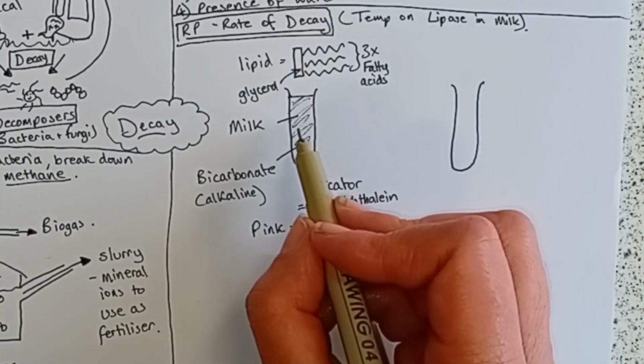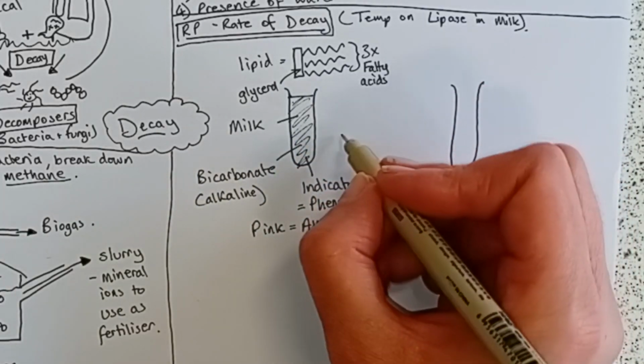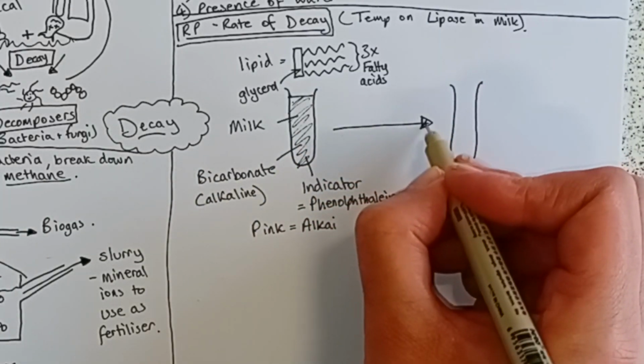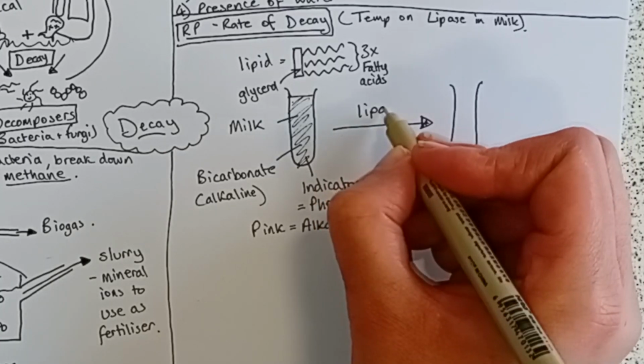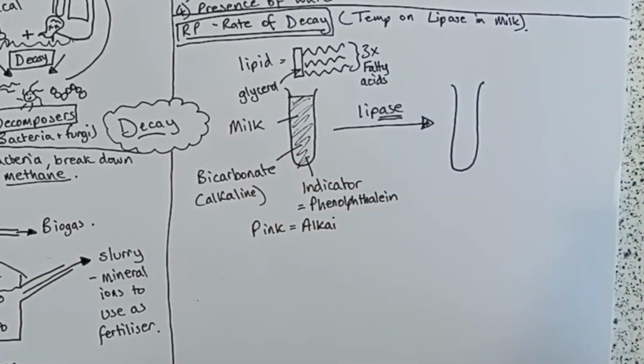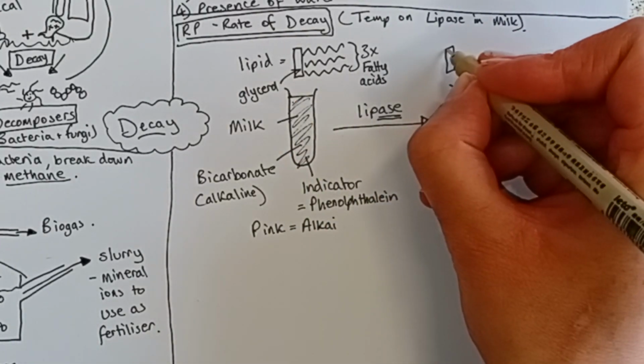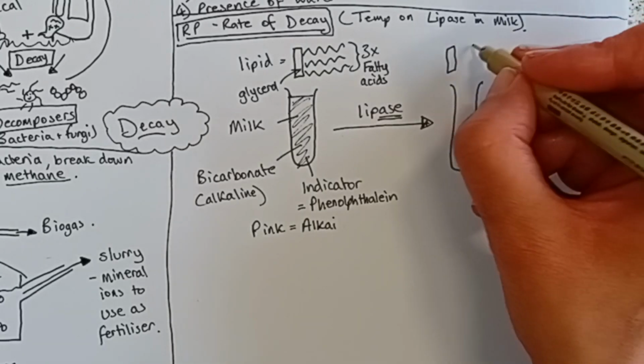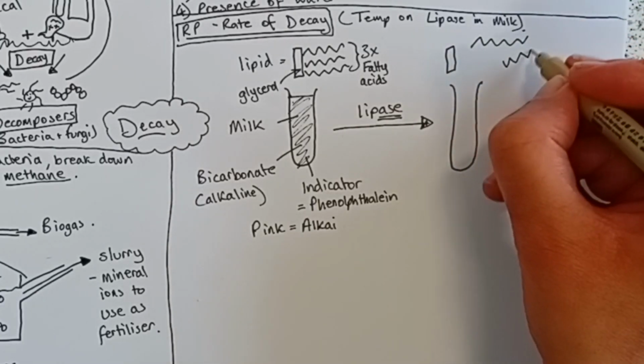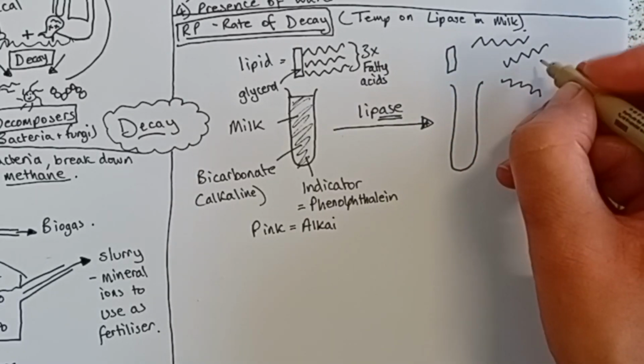However, when we add lipase into this reaction, so lipase ends in ase, which means it's an enzyme, it breaks down that fat and it snaps off the fatty acid chains from the glycerol. So they're now free in solution. So now we've got fatty acids on their own.